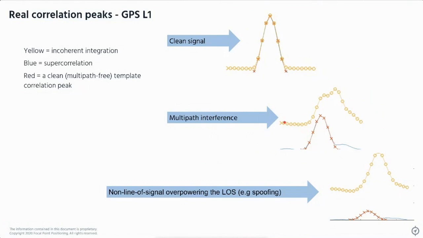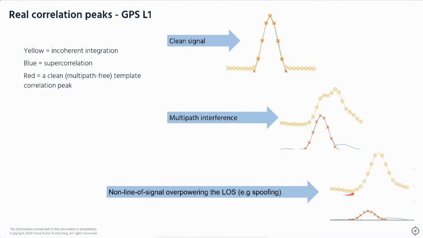You can actually see that this is the noise level, the noise floor of traditional processing as well. Supercorrelation boosts the signal on the line of sight and it pushes the noise down. So we can actually see signals that are weaker than normal processing can even detect. And this is a good example of that. This is an example where there's a nice clean looking signal arriving.